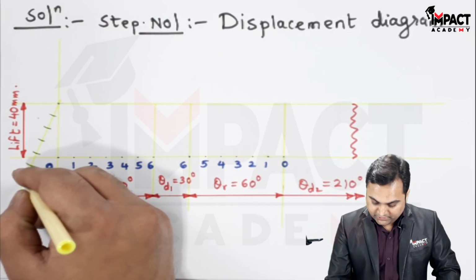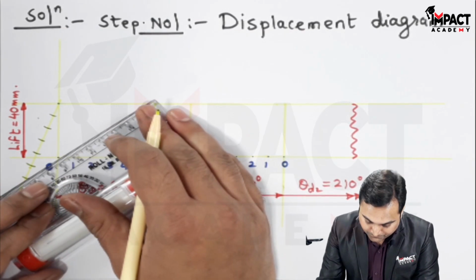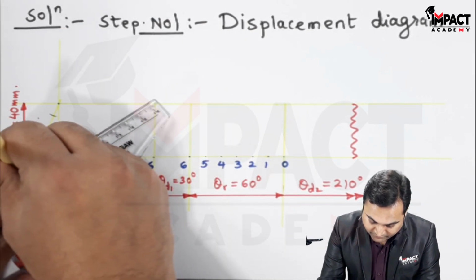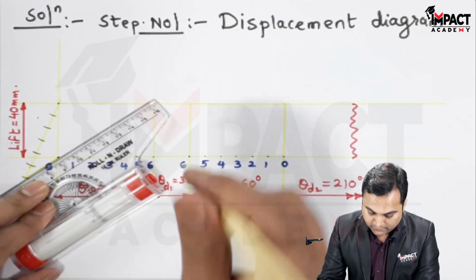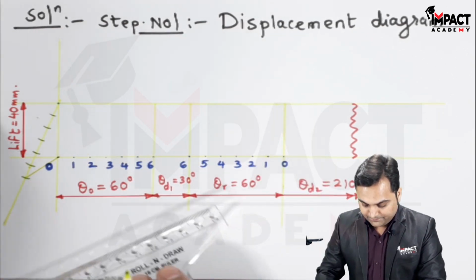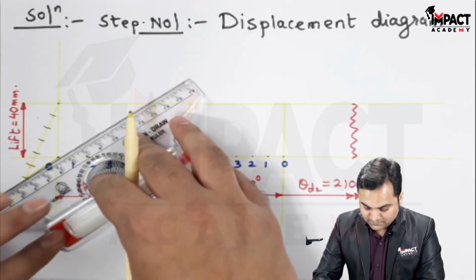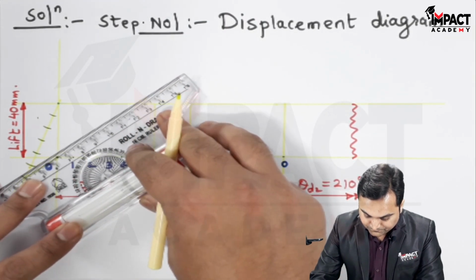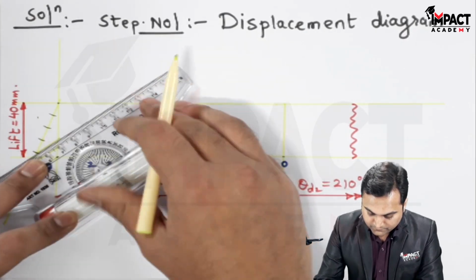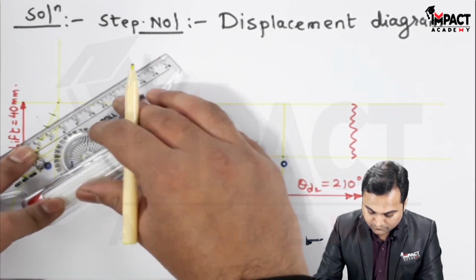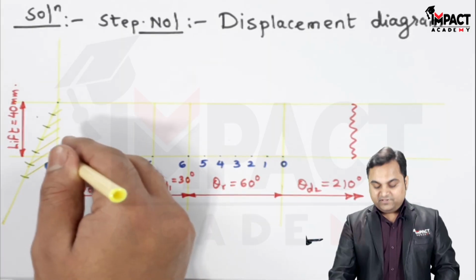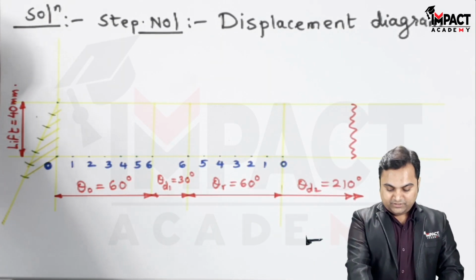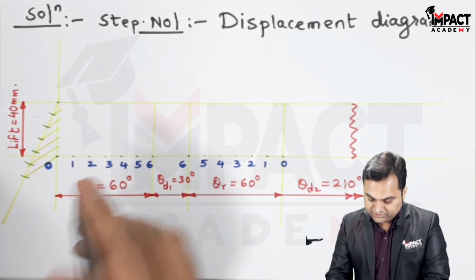So I have divided this angle into 6 equal parts. Then joining the last division to this point O, we get a line here. Then go on drawing lines parallel to this line from the respective divisions. So I have divided this line into 6 equal parts, giving the notation here.